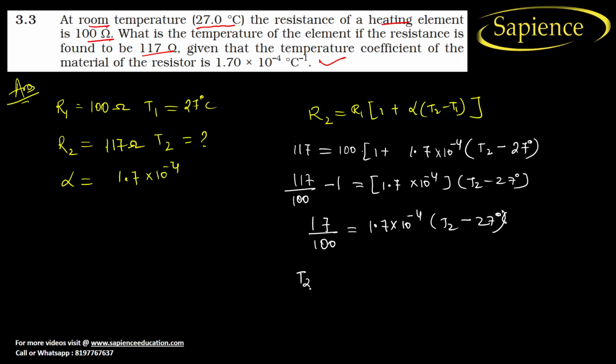T2 minus 27 is equal to 117 divided by 100 into 1.7 into 10 to the power minus 4. So that is equal to, it will go up 10 to the power 5 minus 3. So this will be probably 1000, and this is equal to T2 minus 27.